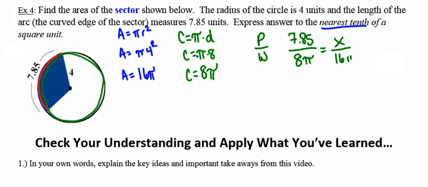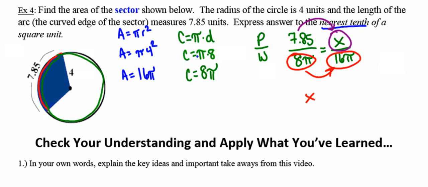We want to compare that to the part of the circle whose area we're trying to find over the whole area, 16 pi. Now I could go ahead and cross multiply, but I'm going to be a little bit clever because when I look at the denominators of these fractions, I happen to notice that the 16 pi is double the 8 pi. And what that means is that the numerator of my second fraction, the x, is going to have to be double the 7.85.